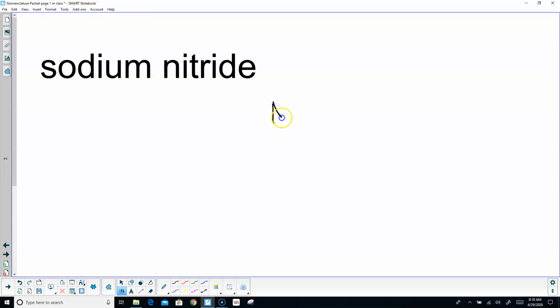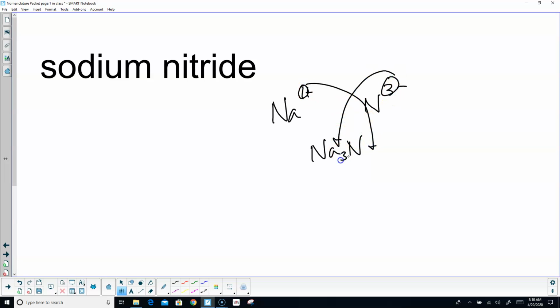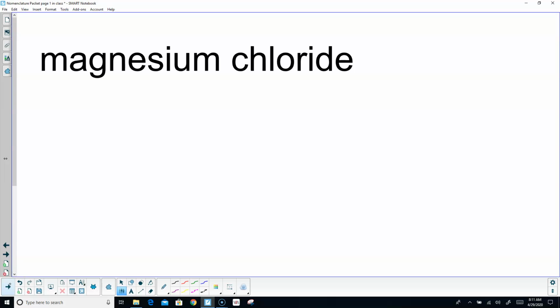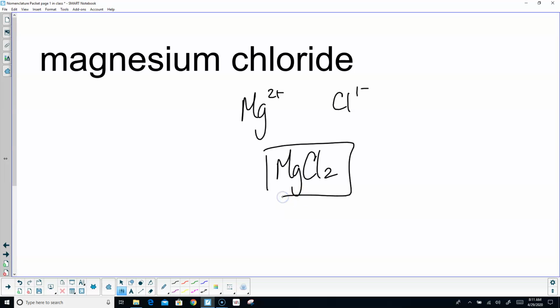Sodium nitride. Sodium is always 1 plus. Nitrogen is 3 minus. So this 1 goes there, which is understood. This 3 goes here. So it should be Na3N. Magnesium chloride. Magnesium is always 2 plus. Chlorine is always 1 minus. 2 goes there.